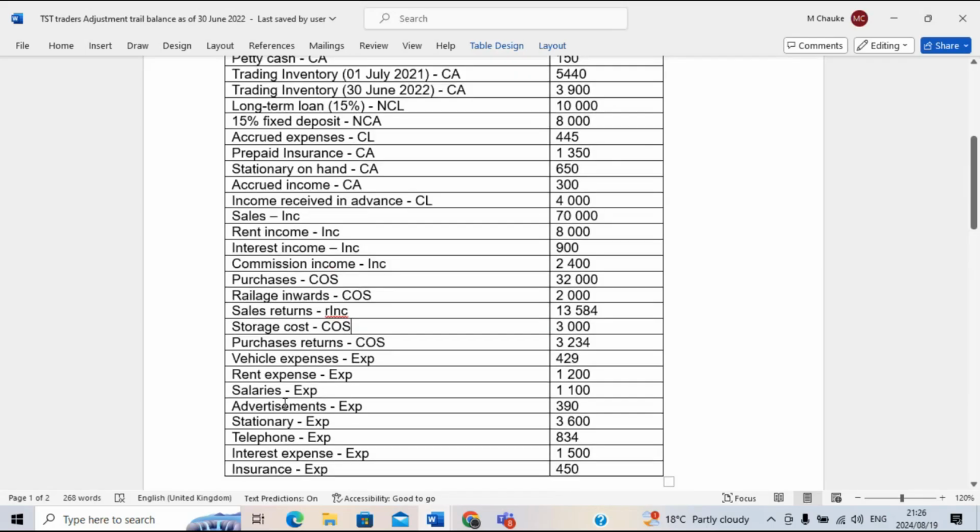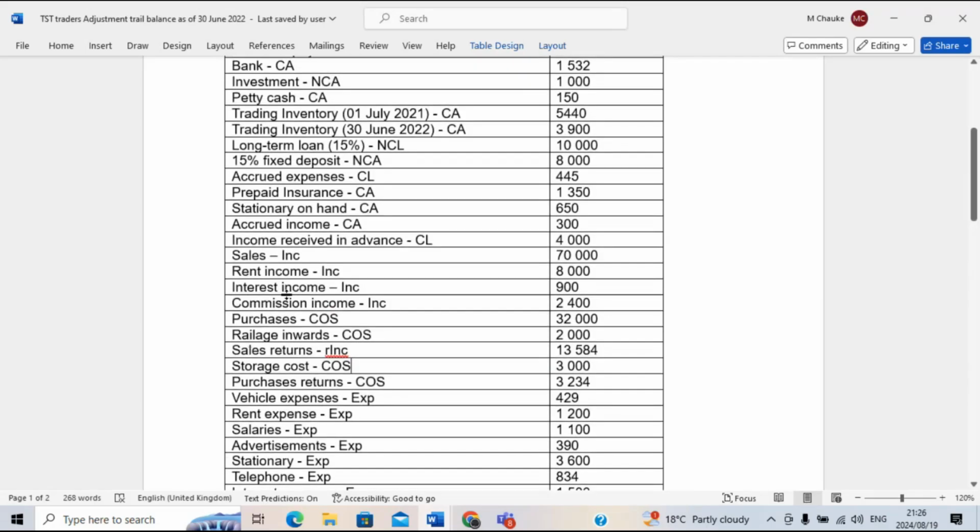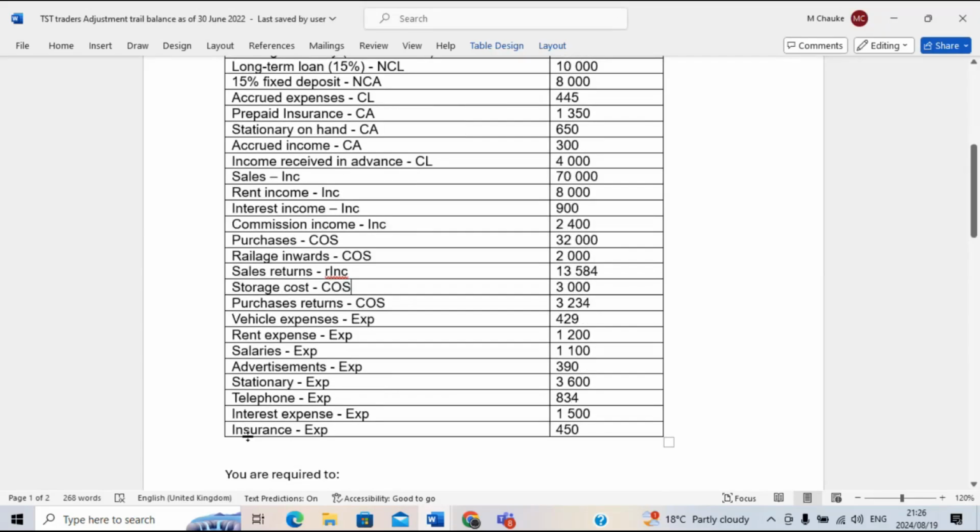So our rent income, where is it? I didn't see correctly. We've got the rent expense there. Rent income is up there, 8,000, right?